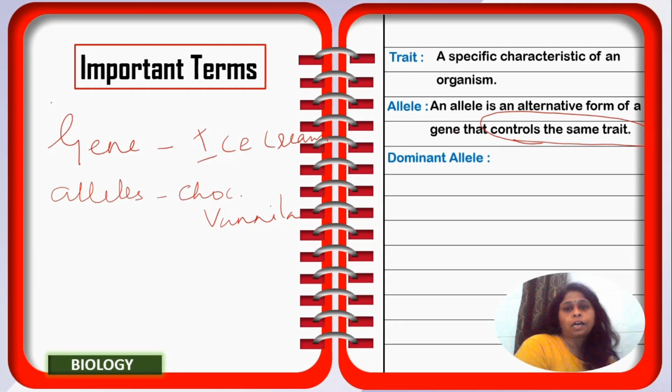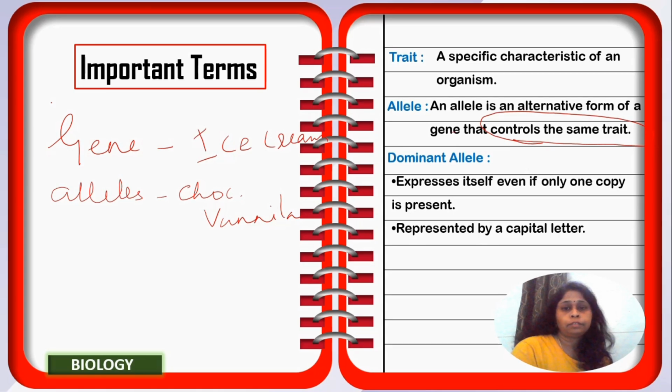Now alleles are of two types, dominant allele and recessive allele. Now what is a dominant allele? Dominant allele expresses itself if only one copy is present. Like for example, if we take the height of a plant, capital T, so this is tall, right?